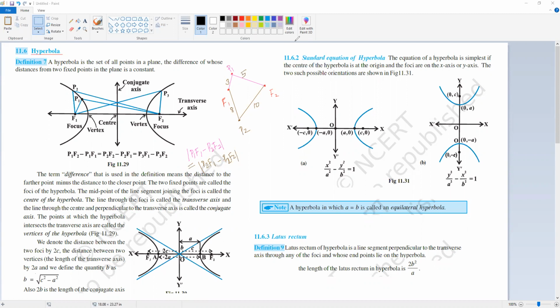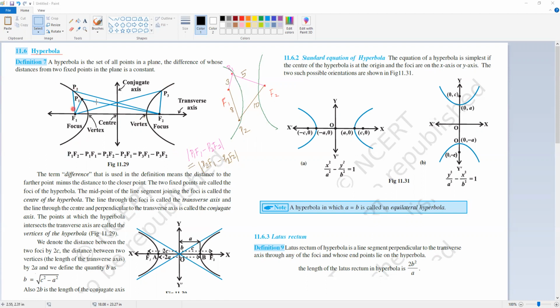So if you collect all such points, you will get a shape like this kind of shape. Here you can see something like one parabola on the left side and one parabola on the right side.